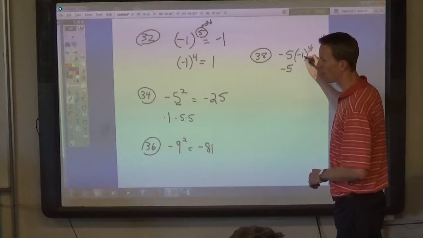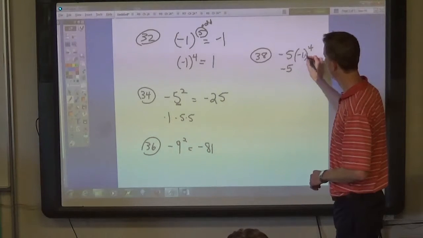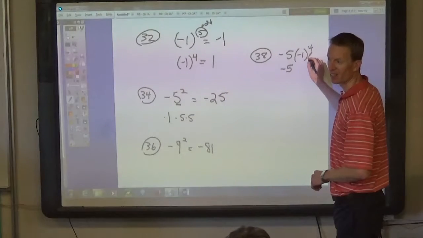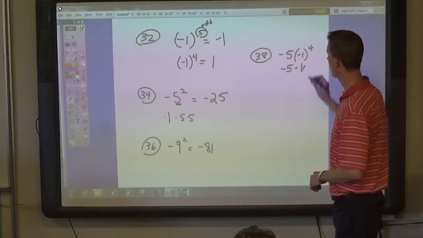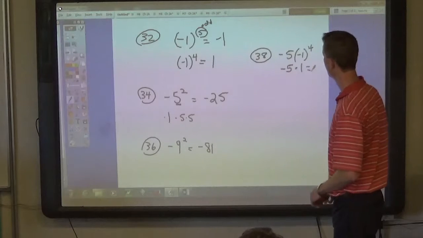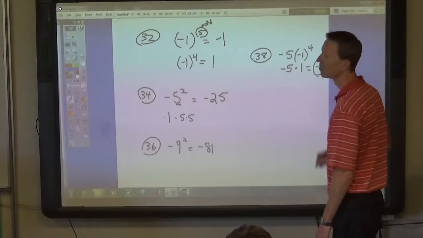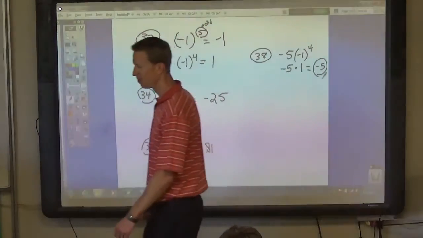Wait, do the power first. Okay. Negative 1 to the fourth power will be negative 1. Wait, no, it'll be positive 1, because it's even. Yes. And then it'll be negative 5. Right, negative 5. Yep.